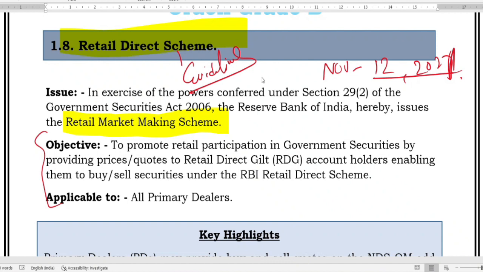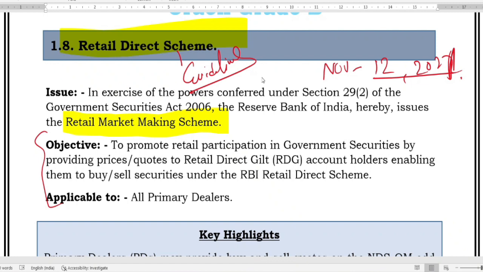That's it. So retail direct scheme is nothing but giving a retail investor like you and me who can invest 10,000 rupees in government bond. Initially, government bond was not open to retail people, right? So the RBI used to sell it to primary dealers, and primary dealers used to sell it to secondary market, maybe banks and all people came and invested. So it was only for the financial institution, nobody else.